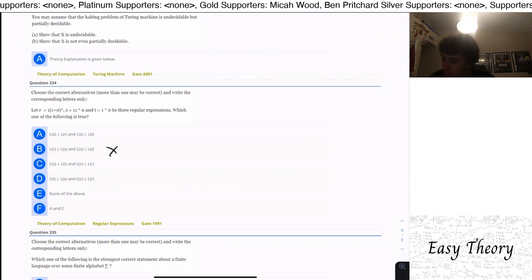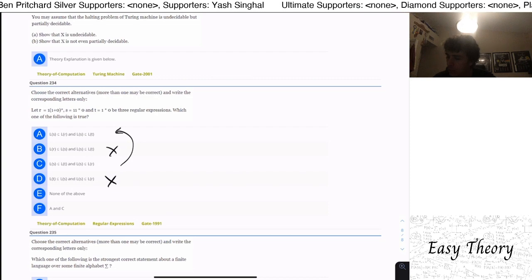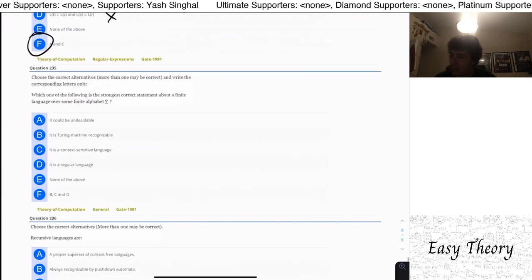S is a subset of T. Yeah, so S is a subset of T, so that's not that one. S is a subset of R. Well, these two answers are the same. Okay, so that's the answer there.